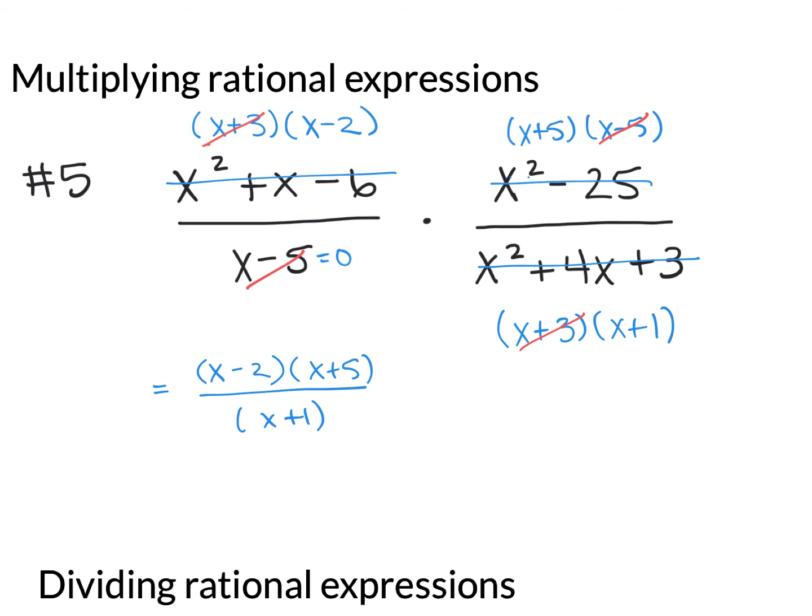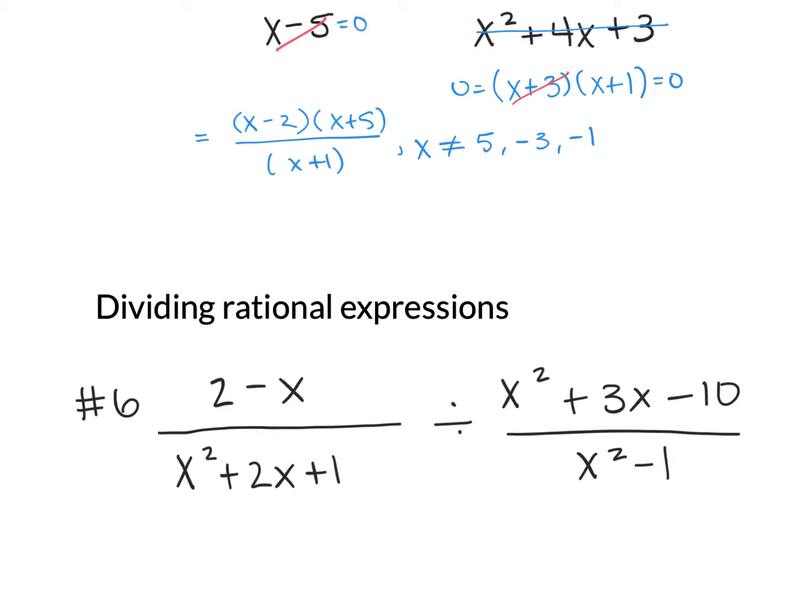We want to set each of these terms equal to 0. So x cannot equal 5, negative 3, or negative 1. It looks much more complicated than it is. If we break down those quadratics at the beginning, it makes our lives a lot easier.